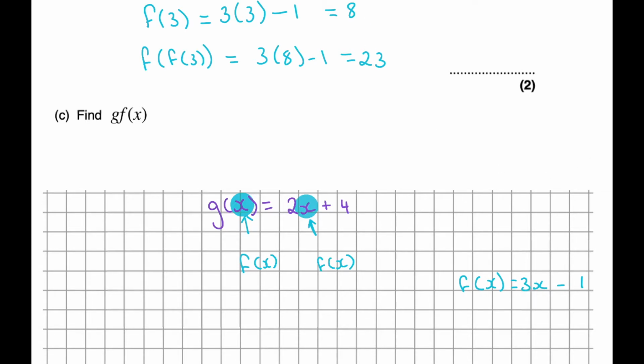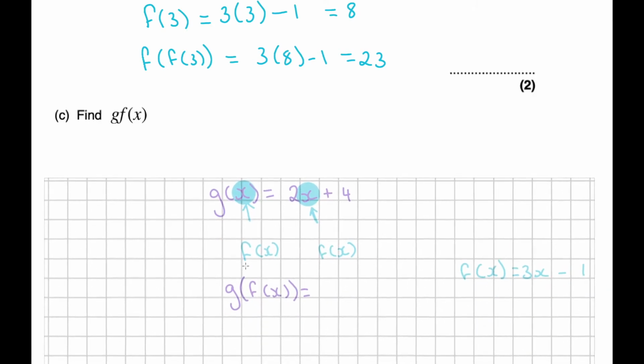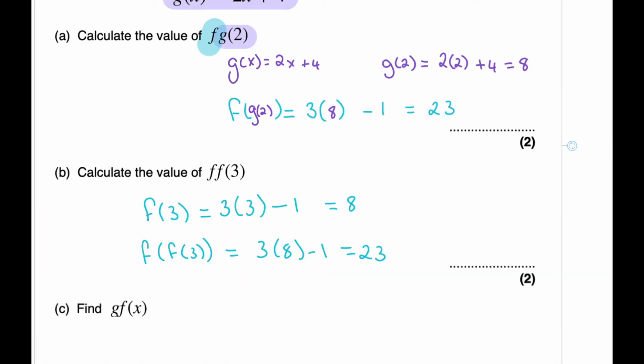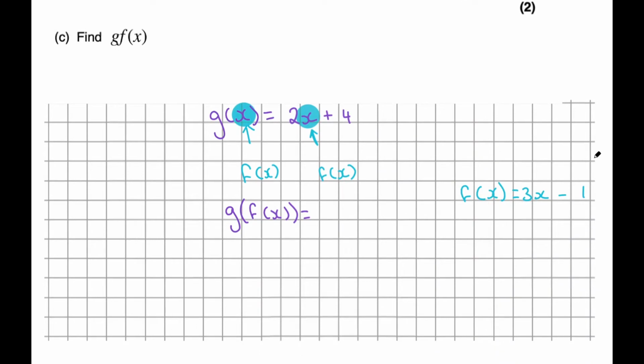So really what I'm getting here is g of f of x, and instead of having the x in g of x, I now know what the input is, and it's going to be our f of x. Our input's going to be the 3x minus 1. So I'm going to have 2, and the input is 3x minus 1.